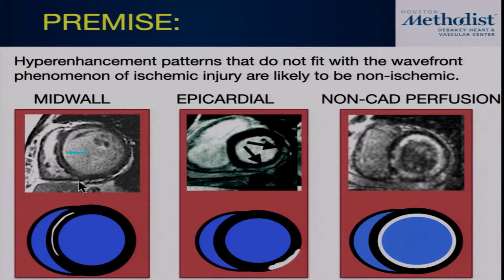As we talked about last week, if you see an area of myocardial damage that involves the middle of the myocardium, as shown in this left-hand example, that involves the epicardium but spares the subendocardial layer, or that is subendocardial but global and really doesn't fit a coronary artery distribution, these are all scenarios where we think of myocardial damage being from a non-ischemic etiology.